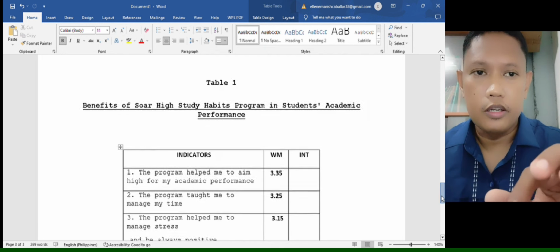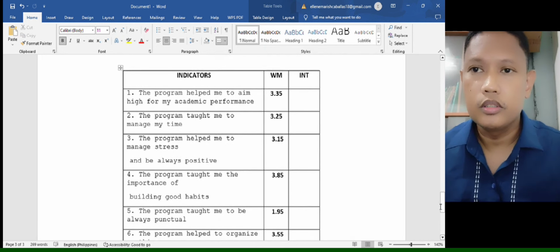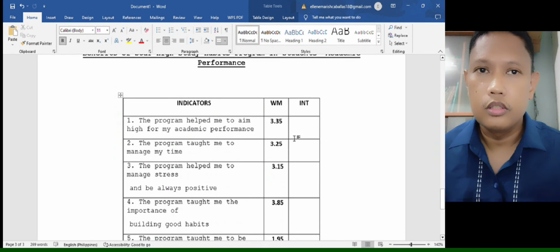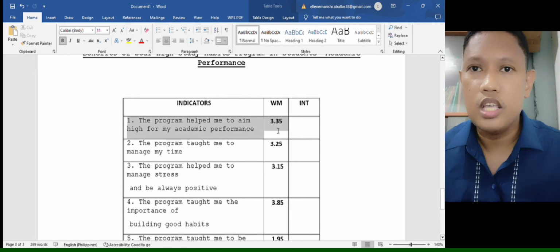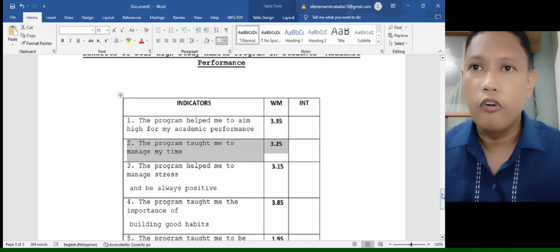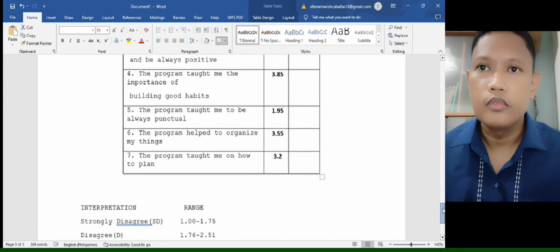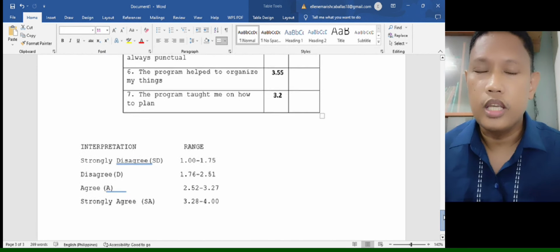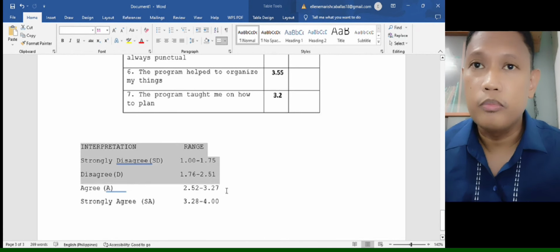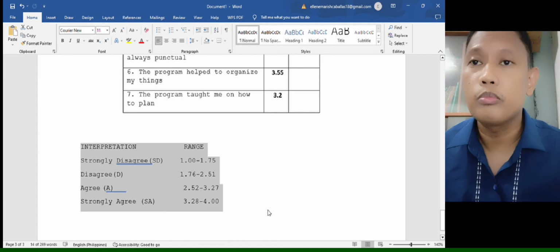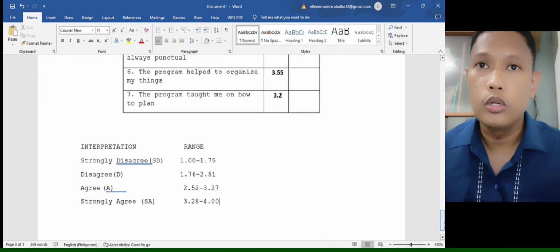So let's see here. Alright, as you can see, we have 3.35 for indicator 1, 3.25 for 2, and so on.